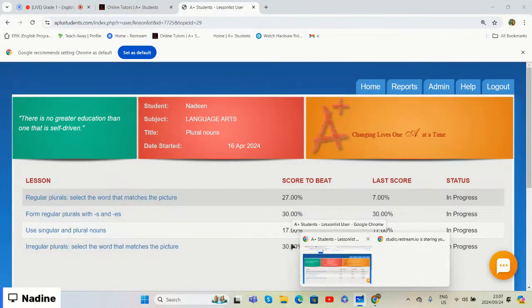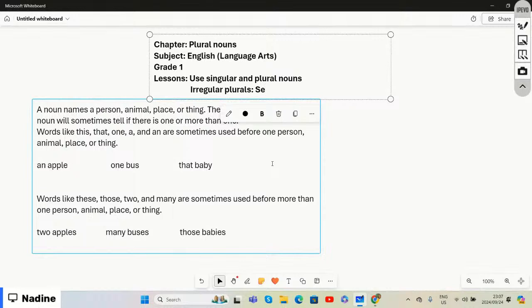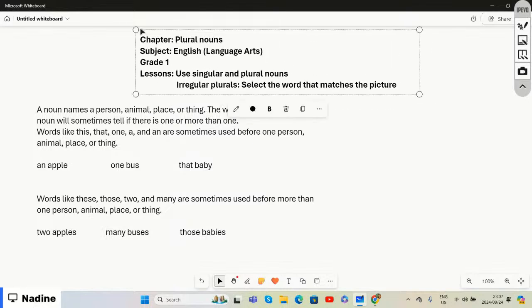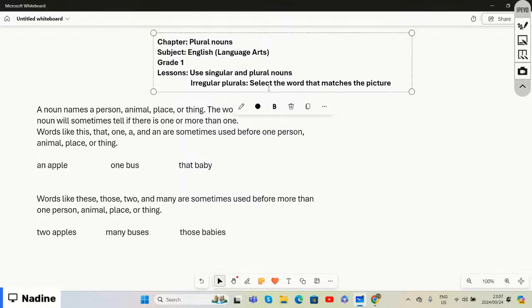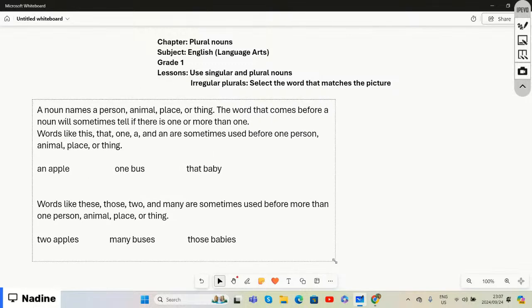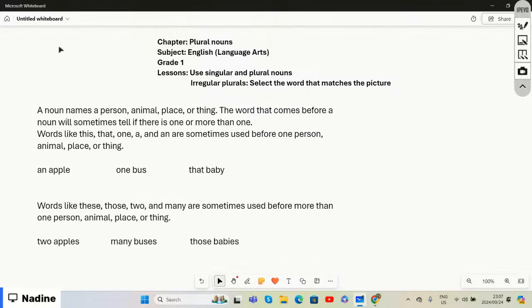And we're going to select the word that matches the picture. So that is going to be our lessons for today under the chapter of plural nouns: to use singular and plural nouns, and then irregular plurals, select the word that matches the picture.